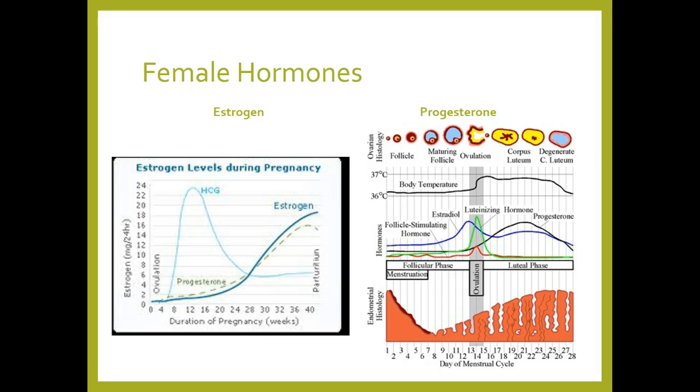The female reproductive cycle produces ovulation, that's one of the cycles, and it produces menstruation, and that is a second cycle. So those two cycles make up the female reproductive cycle, and they happen at the same time. They work together depending on these two hormones.